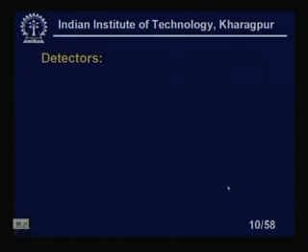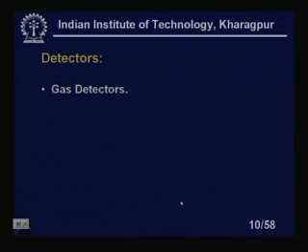Now, detectors. There are different sorts of detectors we will use in instrumentation, and we will slowly explain all of them one by one. We have gas detectors. Gas will be ionized, that means an ionization chamber, because once the gas is ionized, I can say how strong the ray is. If the ray passes through some body, obviously some of the rays will be lost and we will get the rest, so accordingly I can calculate.